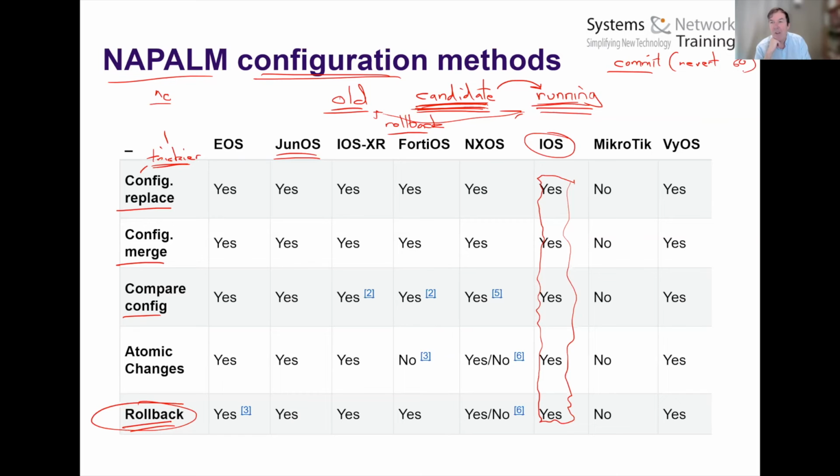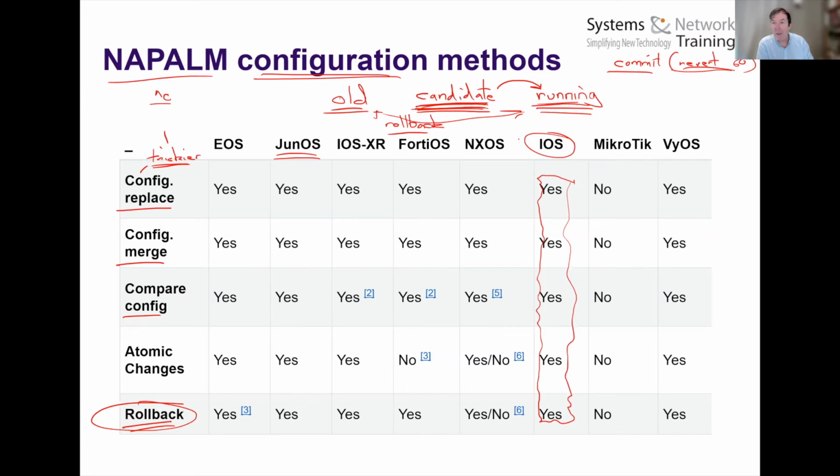I forgot the exact syntax, but it allows me to commit, and if I don't give it the okay, then it will roll back. This is pretty neat stuff. So it's confirm commit.